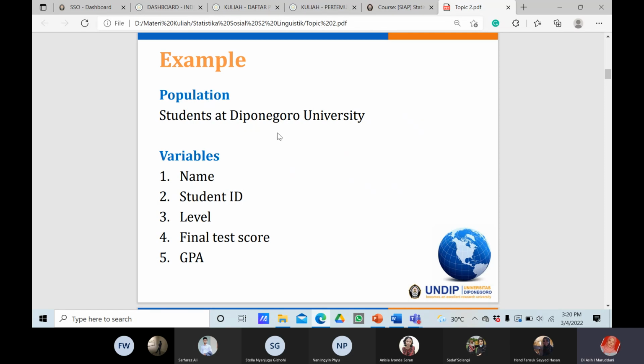And from the population, maybe we are concerned about some variables: the student name, student ID, student level, final test score for statistics tests, and maybe the variable of GPA.